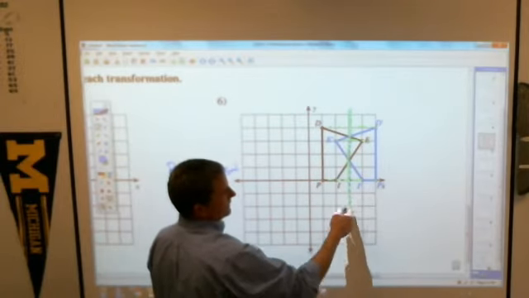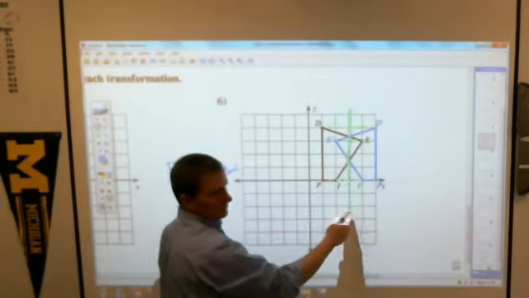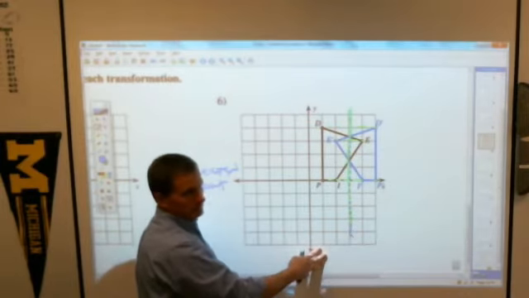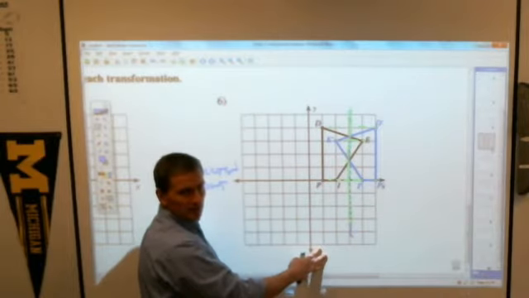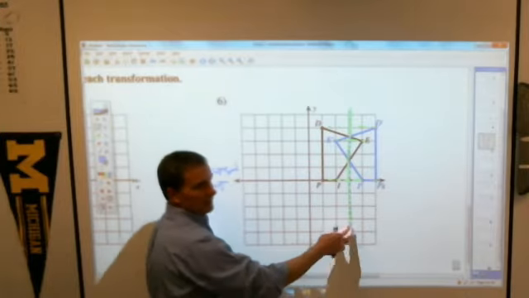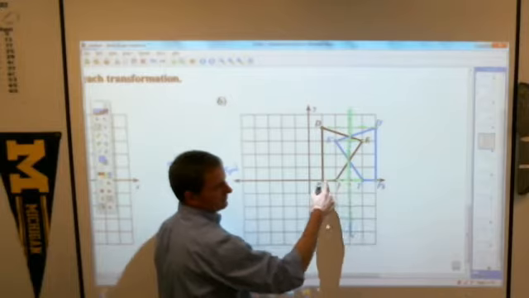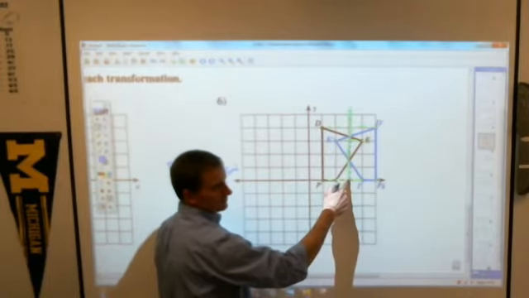How would you tell somebody that that's your line of reflection? Does anybody know what that line is called? How do I know what that line is? This is where x is what? What is x right there?